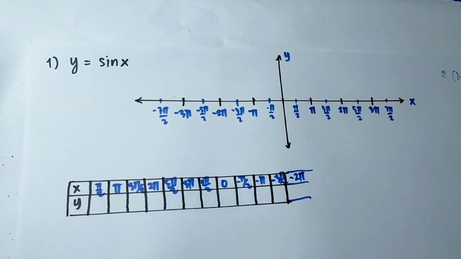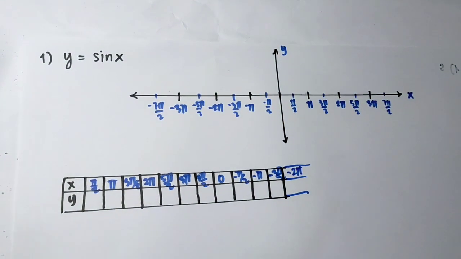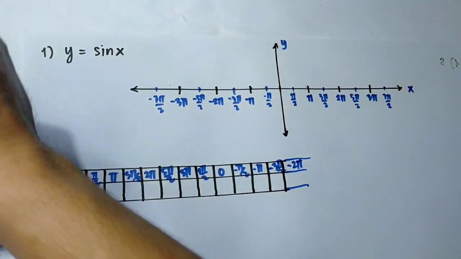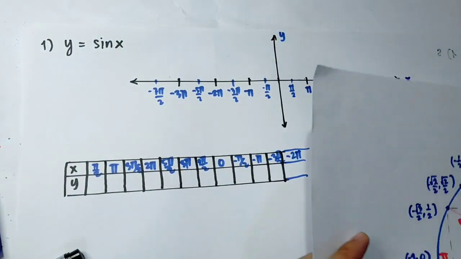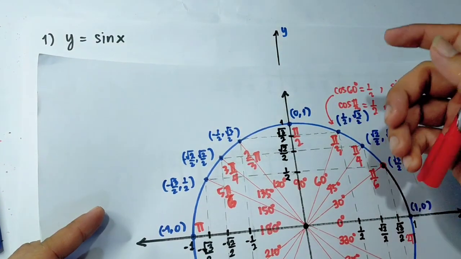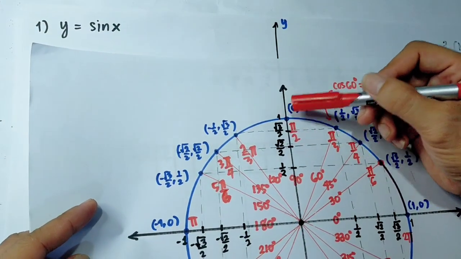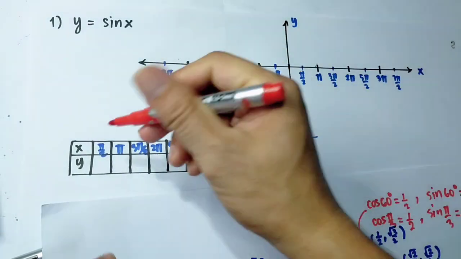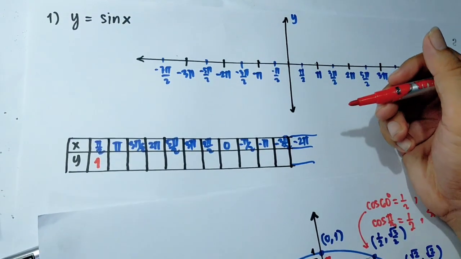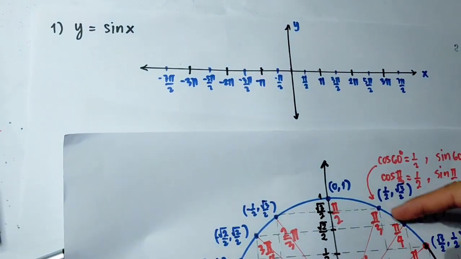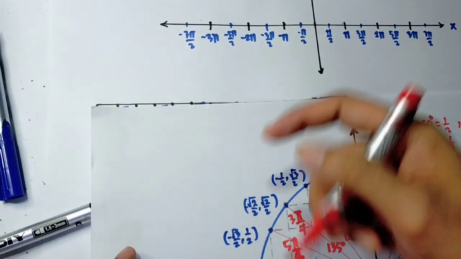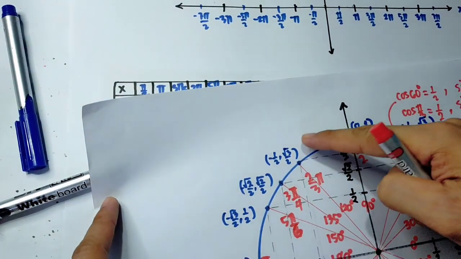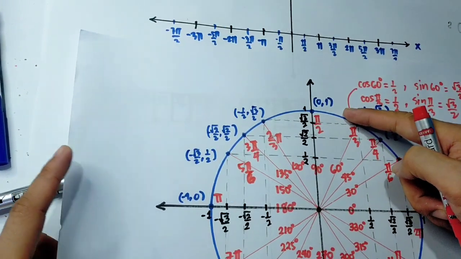Okay, now if our x is pi over 2, let's look at here. If our x is pi over 2, what is our cosine? What is our sine? Our cosine is 0, our sine is 1. So the value of this is 1. If our x is pi, the sine is 0. If our x is 3 pi over 2, where is 3 pi over 2?